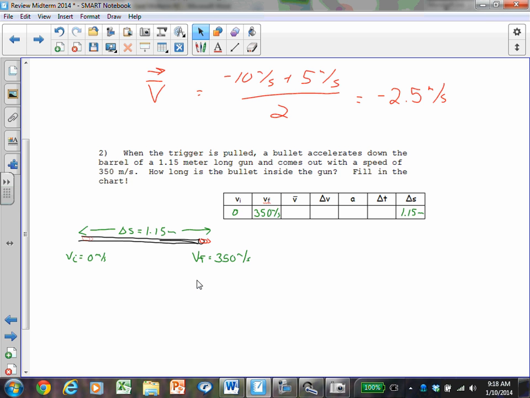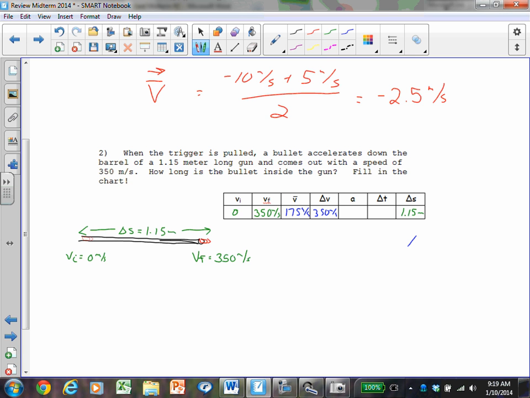So we want to know how long it's inside the gun. The average velocity is the two added together divided by 2, 175. Delta V is that minus that, or 350. Now how do I get delta T?